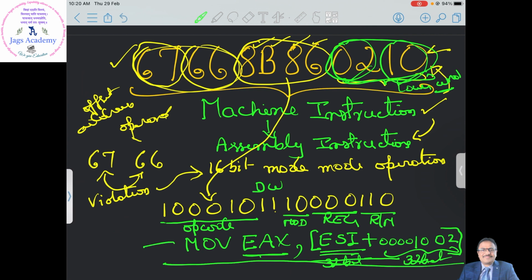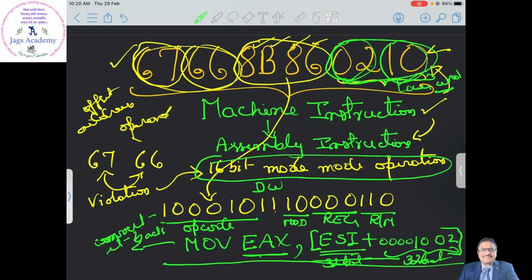Now if you convert it back to machine instruction, assuming you are using 16-bit mode of operation, you will definitely get this. 100% you will get this.